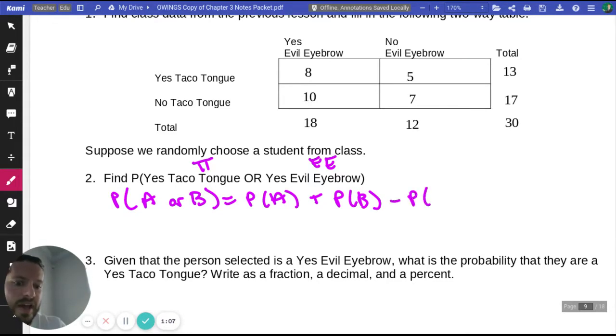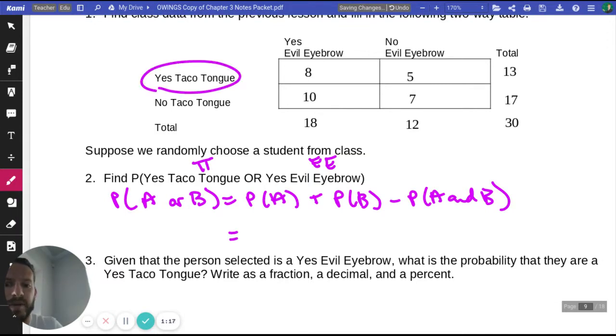And we're going to have to subtract the probability of both, and we'll review why in a second. So probability of taco tongue: how many people can do taco tongue? It's going to be that 8 and 5 for a total of 13 out of everyone, 30.